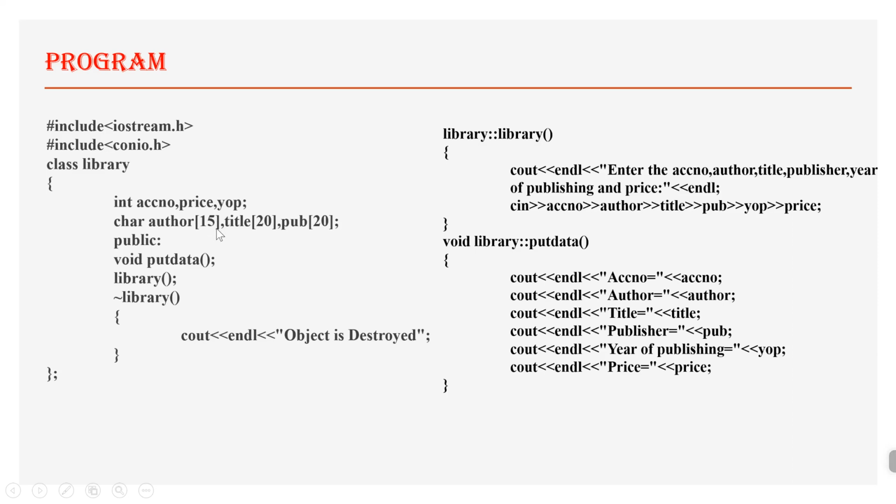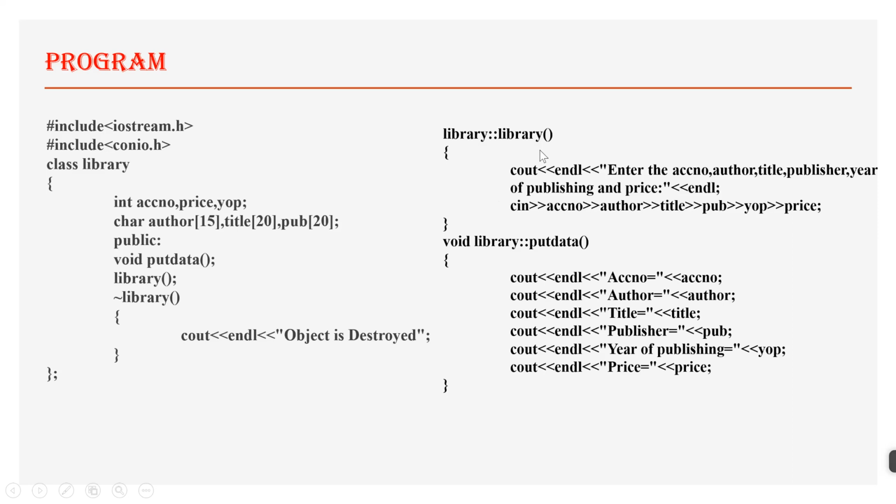Now under public, I'm calling put data to display, a constructor, and a destructor. What is a destructor? I'm just sending a message stating that the object is destroyed. No elements which were created by the constructor remain, so everything is destroyed. There is a proof for that also. The destructor is a function with the tilde and the name of the class, wherein I'm just displaying a message that the object is destroyed. So everything is removed now.